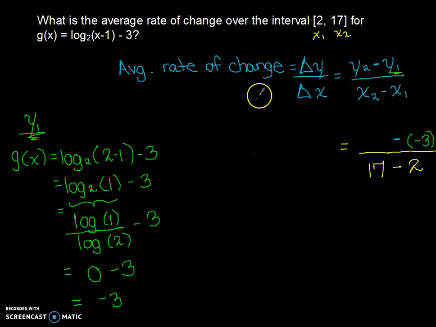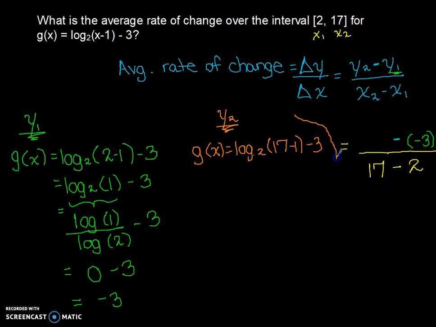So to find y sub 2, I'm going to take the same function and replace the x with x sub 2, which is 17 minus 1 minus 3. I'm trying to just keep it all in one space, but we'll just take a line there to separate the two. Here you have log base 2 of 16 minus 3.